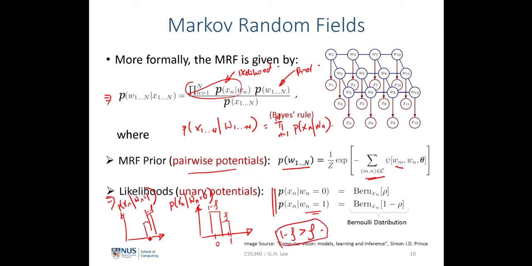Then we would have to swap the relation, because in this case this would represent 0 and this would represent 1. So when we know wn equals 1, then xn taking the value of 1 should have a higher probability than xn taking the value of 0.